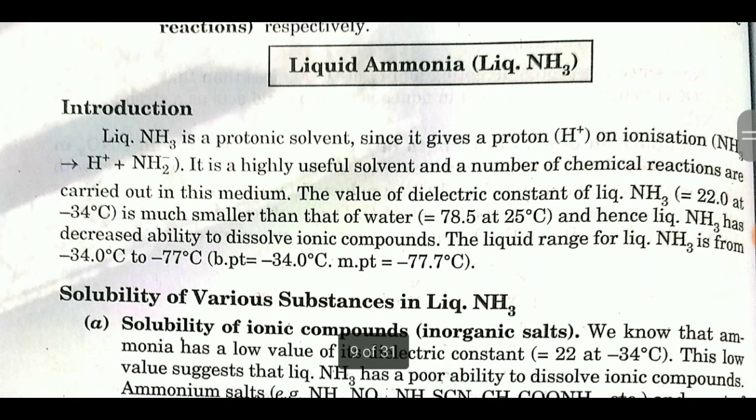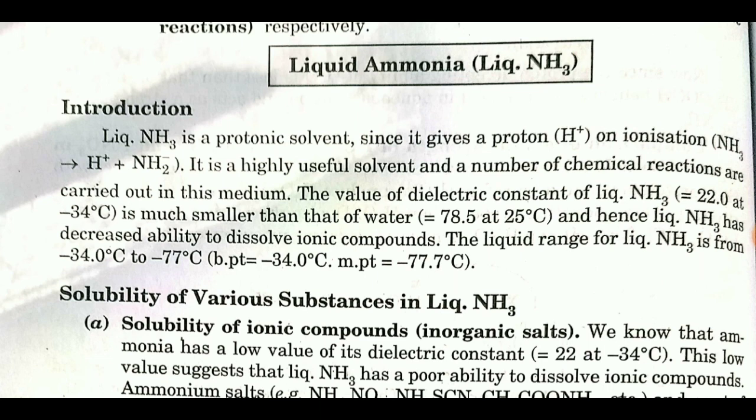Liquid ammonia. Introduction. Liquid ammonia or liquid NH3 is a protonic solvent since it gives a proton H+ on ionization. NH3 gives out H+ plus NH2-. It is a highly useful solvent and a number of chemical reactions are carried out in this medium.